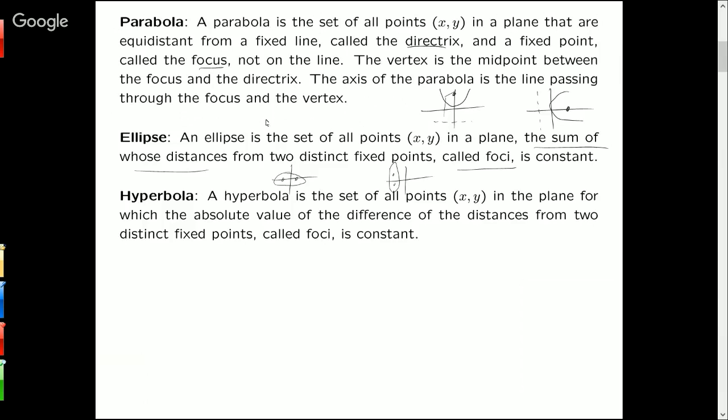Just outside of Lincoln, Nebraska, they have something that they call the whispering wall, and it's part of an ellipse. You can whisper from one point next to the edge of the ellipse, and that will travel around to the other focus, and people can hear you. You're like 30 feet apart, and you just barely whisper something, and you can hear it at the other point because it's in the shape of an ellipse.